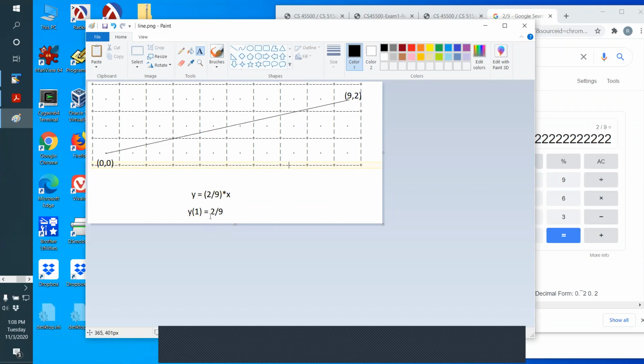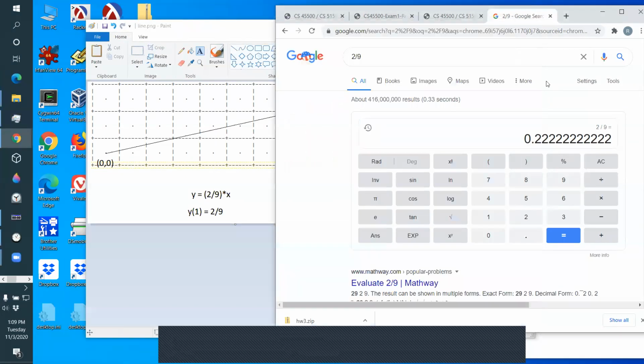I got y of 1 is 2/9, which is 0.2222. So what do I do with these two pixels now? Light up the bottom one 80% and the top one 20%. Rounding, the bottom one is 80%. The intensity would be 0.778, or if you want, you could do 1 minus 0.222. So this one would be 1 minus 0.222, and this one would be 0.222.